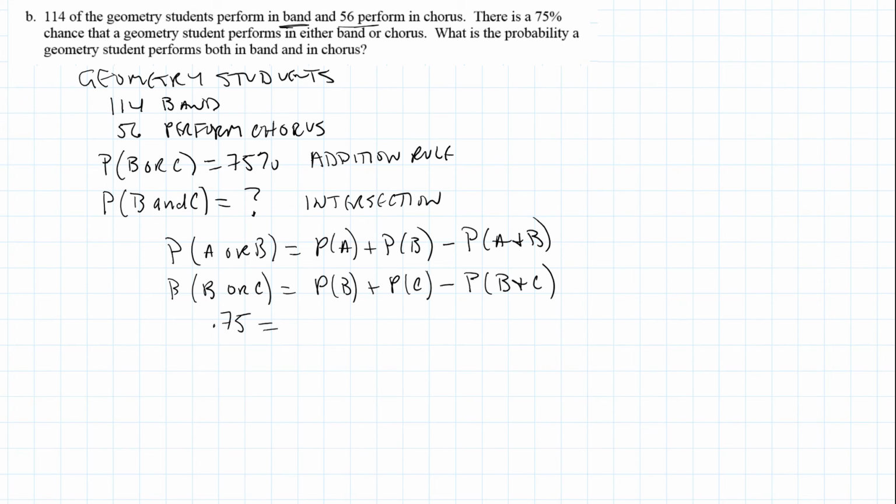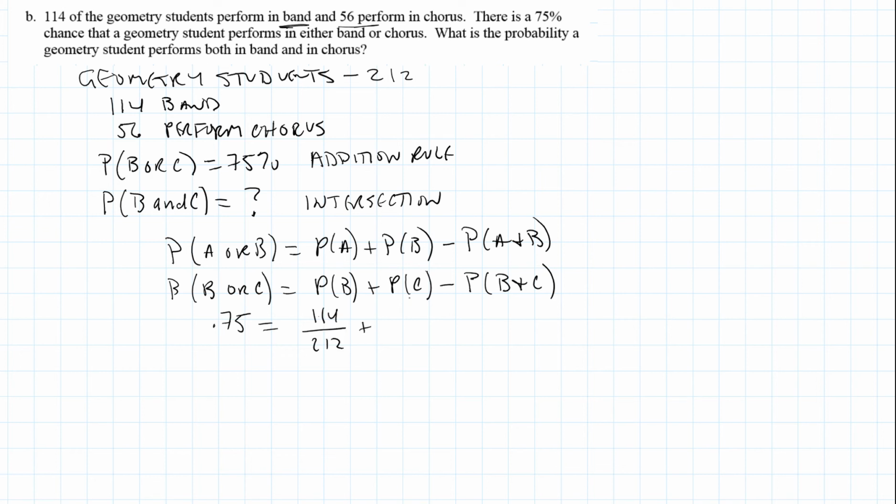And then the probability of band, well, okay, so I didn't write this down. We want to remember that there are 212 students in geometry. So the probability of a geometry student in band is going to be 114 over 212.